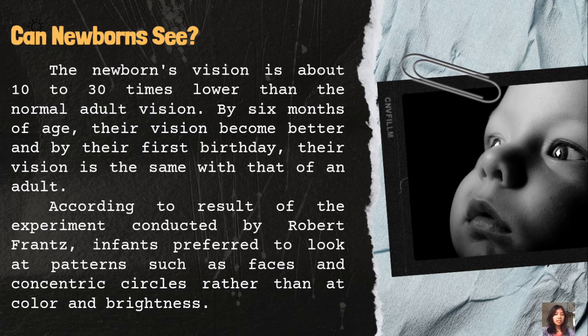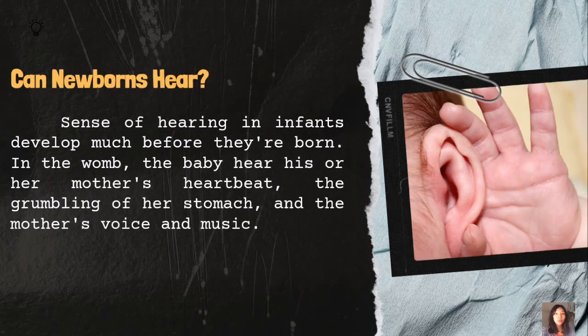Infants tended to gaze at patterns such as faces and concentric circles rather than colors and brightness, according to the results of a study done by Robert Fantz. As mothers feed and nurse their babies, one of the first things that babies learn to recognize is their mother's faces.